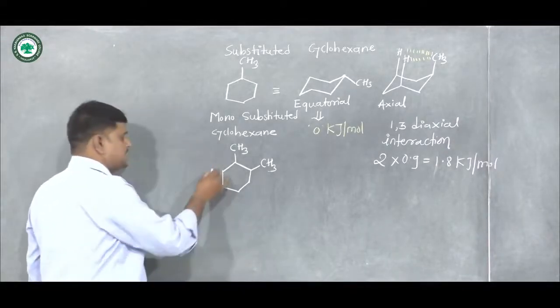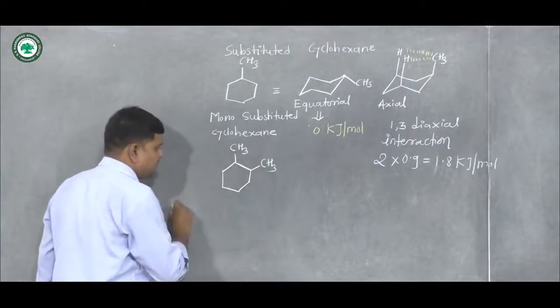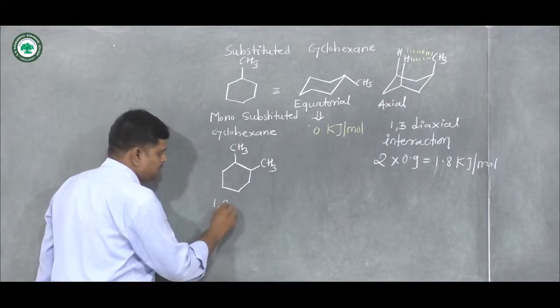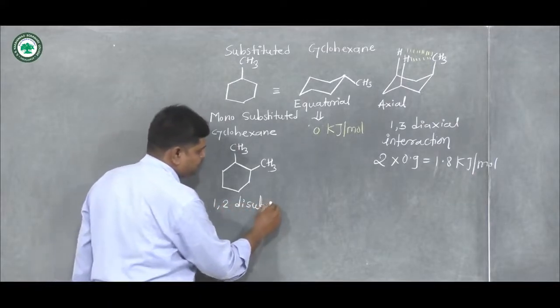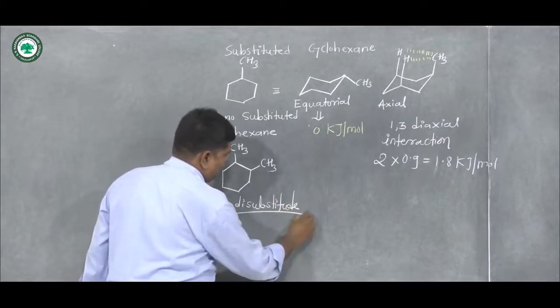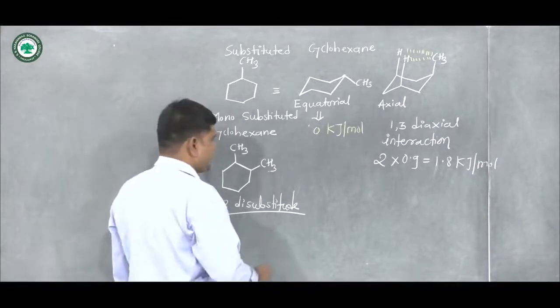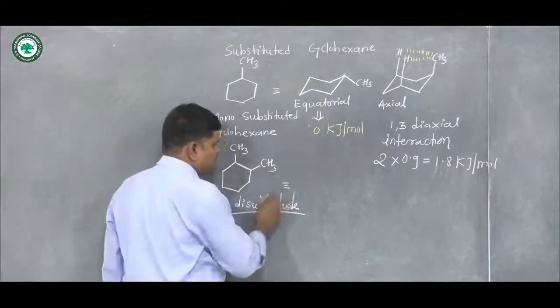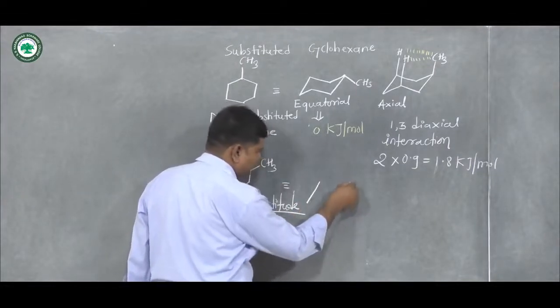Okay, so this is the first type of disubstituted cyclohexane, and its name is 1,2 disubstituted cyclohexane. Now we try to convert that planar structure into the chair conformation.